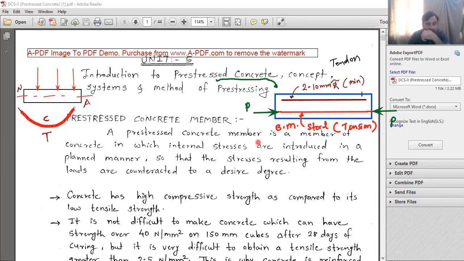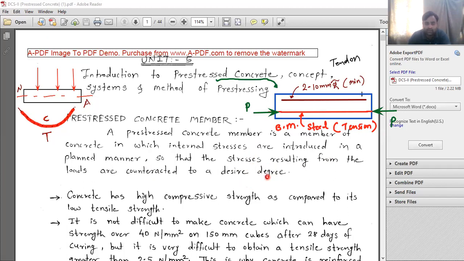So internal stresses are introduced. After application of these forces, the internal stresses are introduced in a planned manner, so that the stresses resulting from the loads are counteracted to the desired degree. Not all the stresses get nullified.